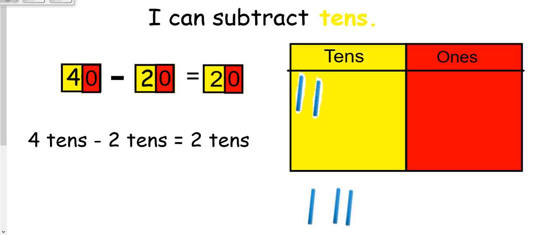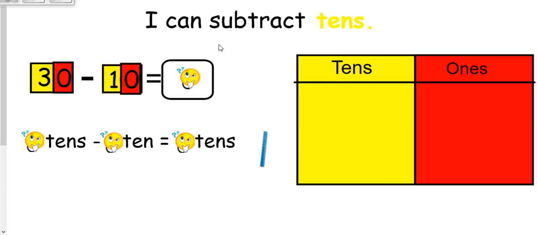Let's look at another problem. I can subtract tens. Read this problem with me. 30 minus 10 equals unknown number. Look for our plus or minus sign. It's a minus.